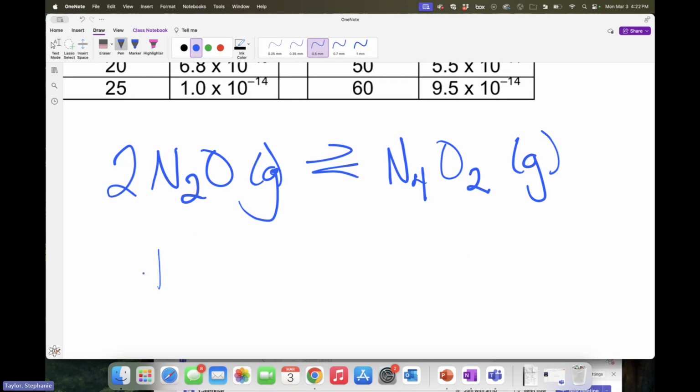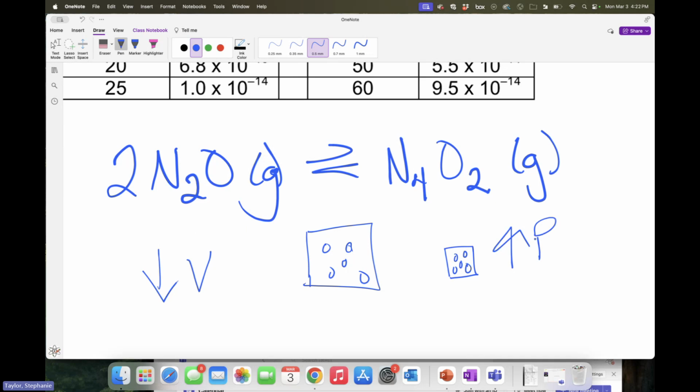So if I decrease the volume and I have a bunch of gases in here, 1, 2, 3, 4, 5 gas particles, and I decrease the volume, 1, 2, 3, 4, 5 gas particles are still in there. What has happened when I decrease the volume is I have increased the pressure. When I decrease the volume, I increase the pressure.